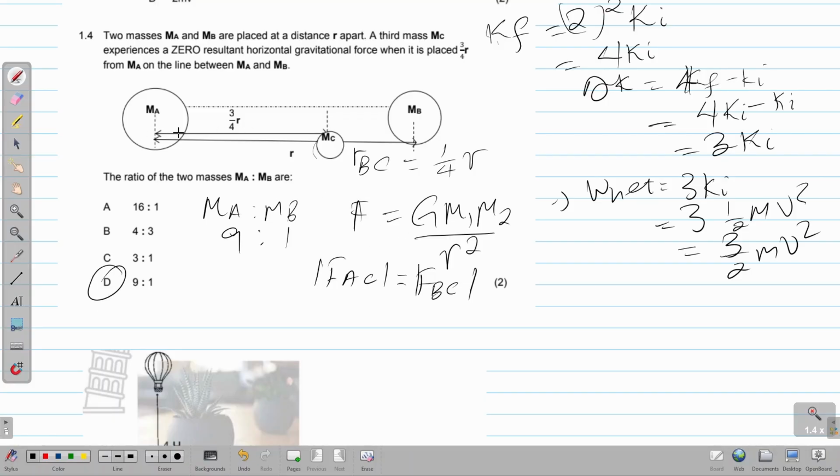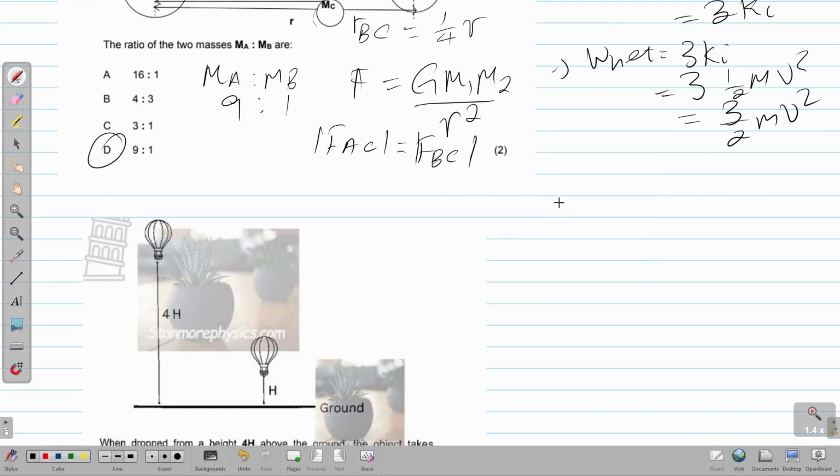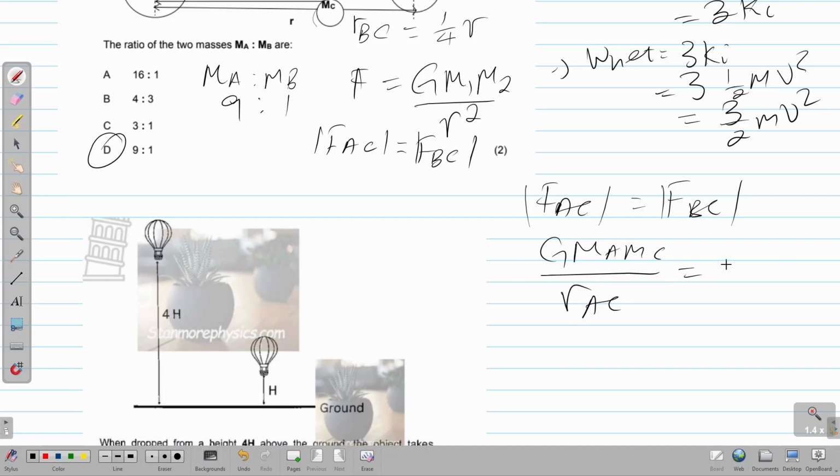Of course, you can also use a calculation for this by saying that F at A and C is equal to F at B and C. And then you have G, mass A, mass C over R AC squared is equal to G, MB, MC over R BC squared there.